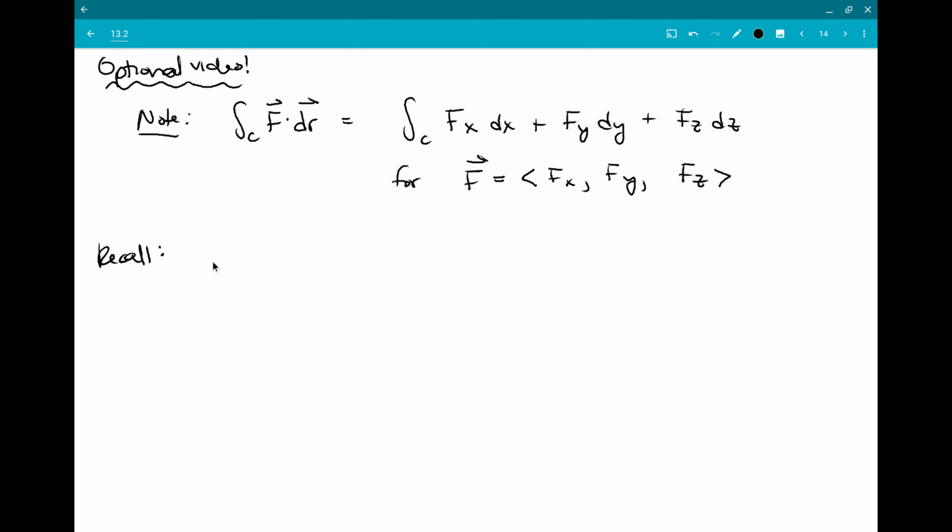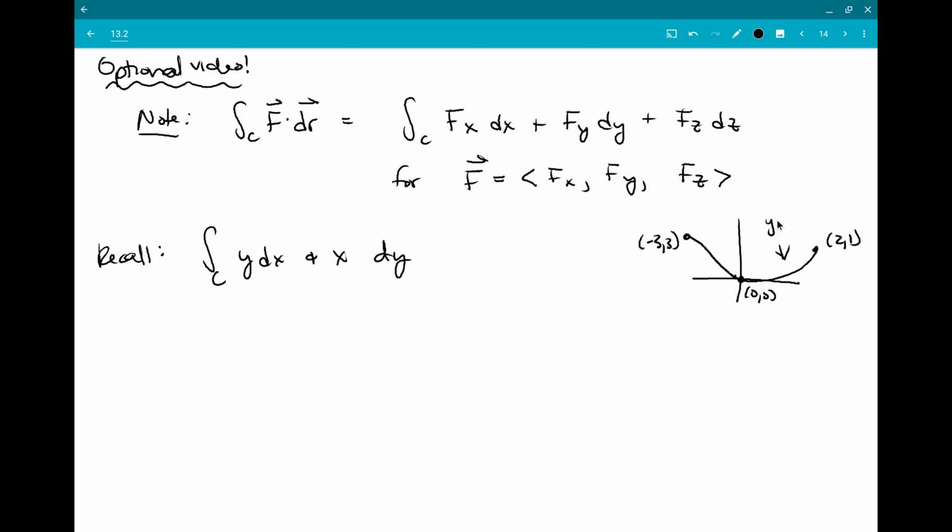So we're going to think again about this example over the curve C, looking at y dx plus x dy for this curve: negative 3, 3 down a line, and then to the origin, up to the point 2, 1, using the curve y equals x to the fourth over 16.